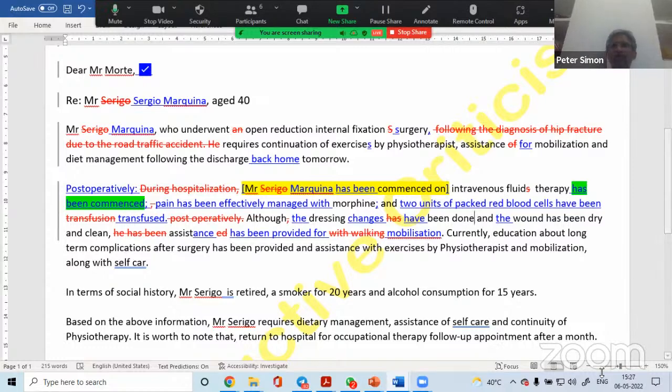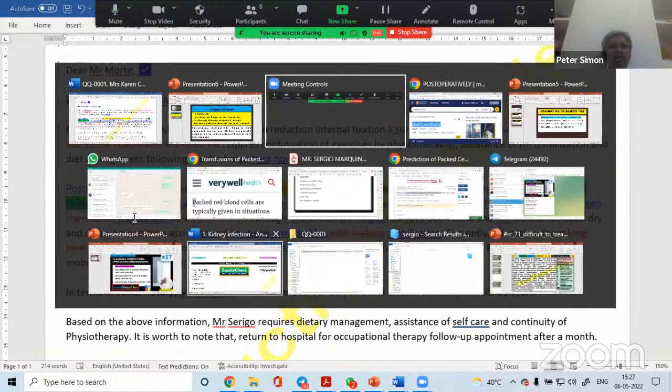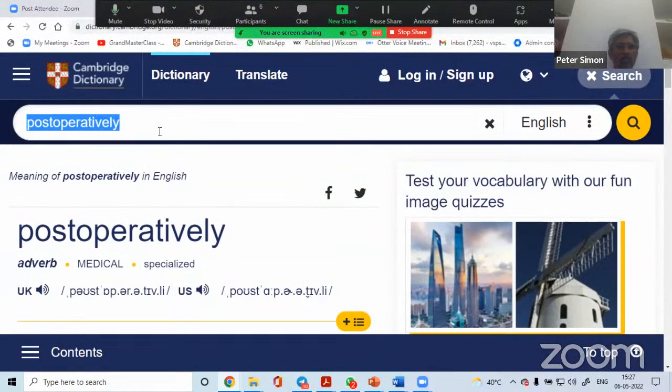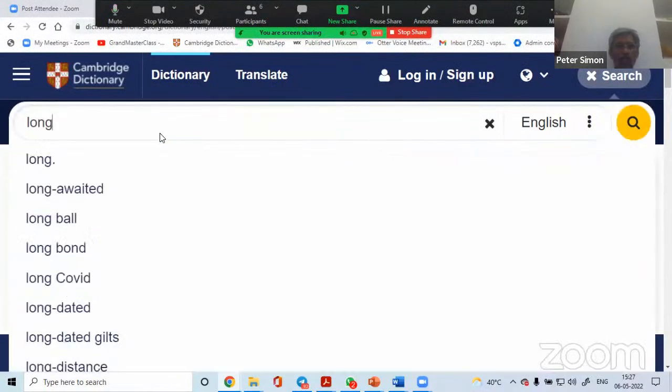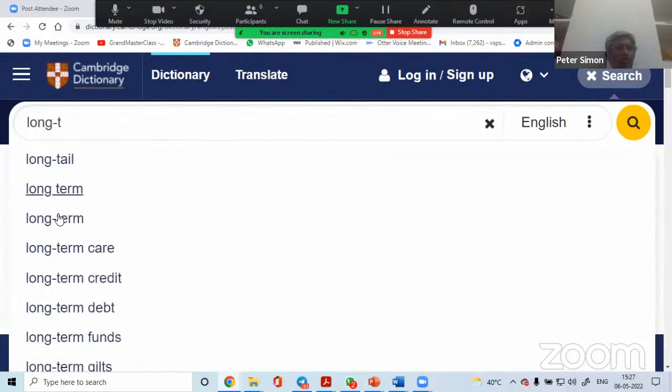Long-term is hyphenated. Long-term will be hyphenated like this. Long-term and short-term, they are hyphenated. L-O-N-G. See here. Long-term. Okay, short-term, separate also is there.